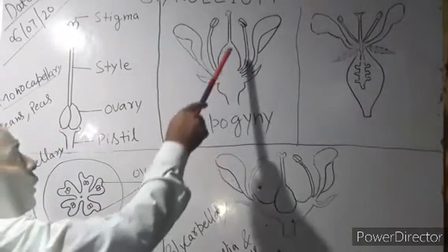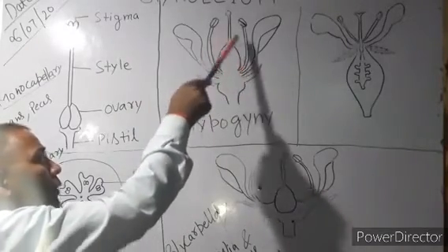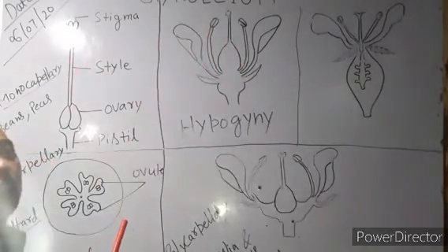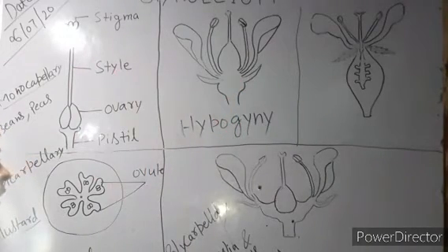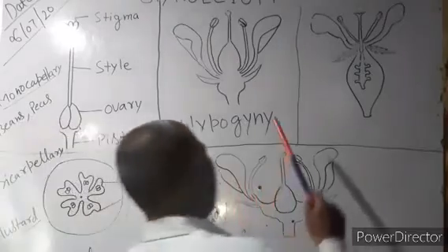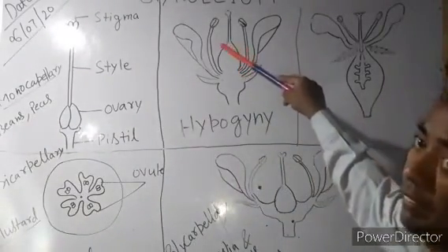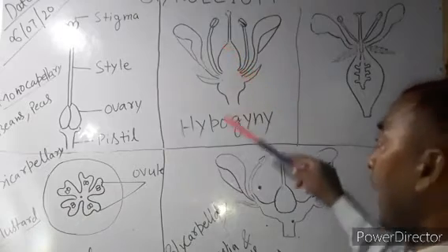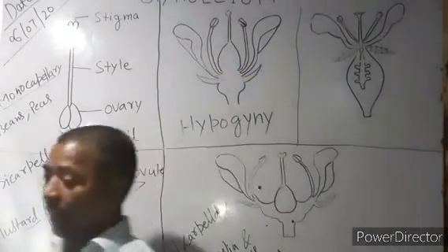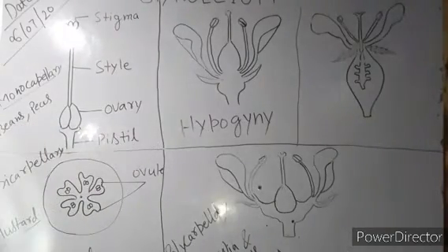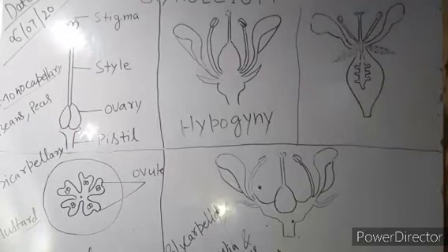That means the ovary will be just above these three whorls. That is known as hypogyny. And in that condition, you can see the ovary is superior, and all the three whorls are below the ovary.